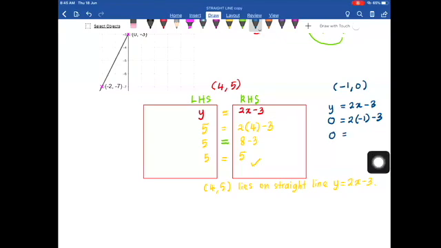So 0 equals to negative 2 minus 3. 0 equals to negative 5. So this is not equal. Jadi kita boleh buat conclusion negative 1, 0 does not lie on Y equals to 2x minus 3. Okay, so dia tidak sama. So it's simple as that.